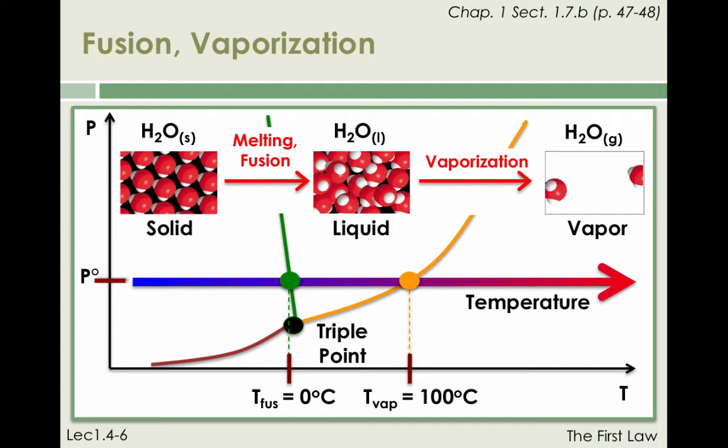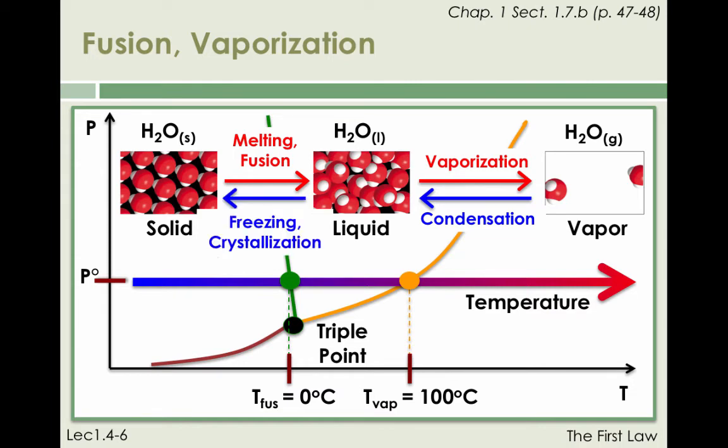Going in the opposite direction by decreasing the temperature under a constant pressure of 1 bar, water vapor transforms into liquid water at 100 degrees Celsius by a process called condensation, and liquid water transforms to solid water at 0 degrees Celsius by a process called crystallization, since a crystal phase forms from the liquid phase.